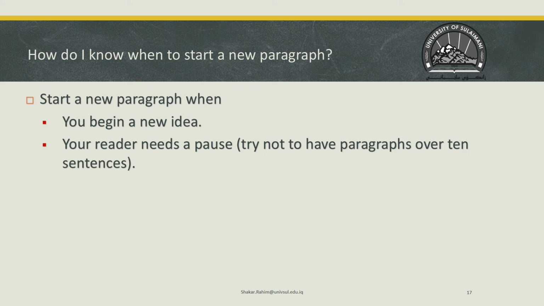You write 6 to 10 sentences about it. This is a paragraph. And then you write about the atomic bomb's disadvantages, with 6 to 10 other sentences, all against the atomic bomb.